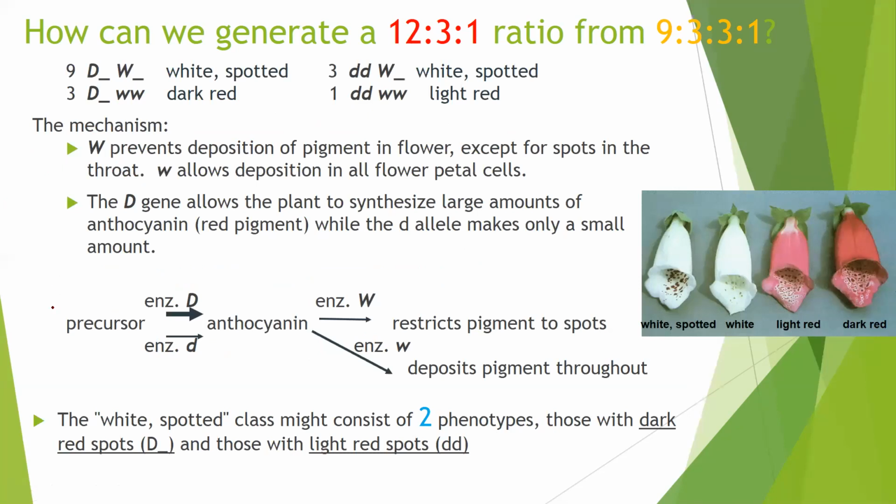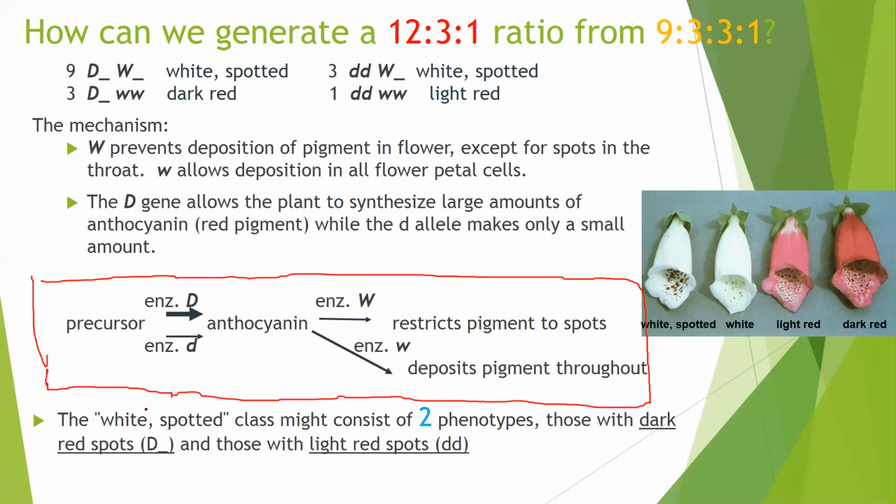All right, so this is the biology behind this example. In each plant, there's a colorless precursor. We have two genes here, the D gene and the W gene.